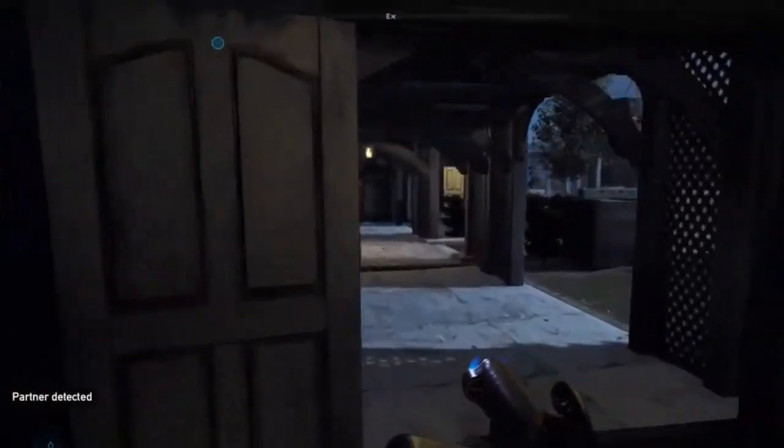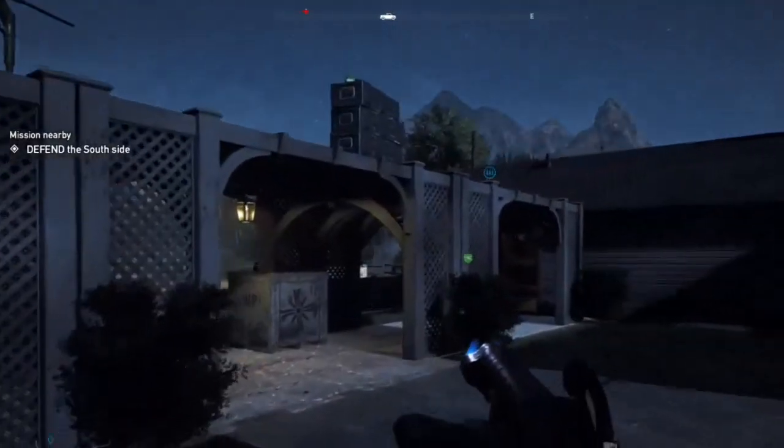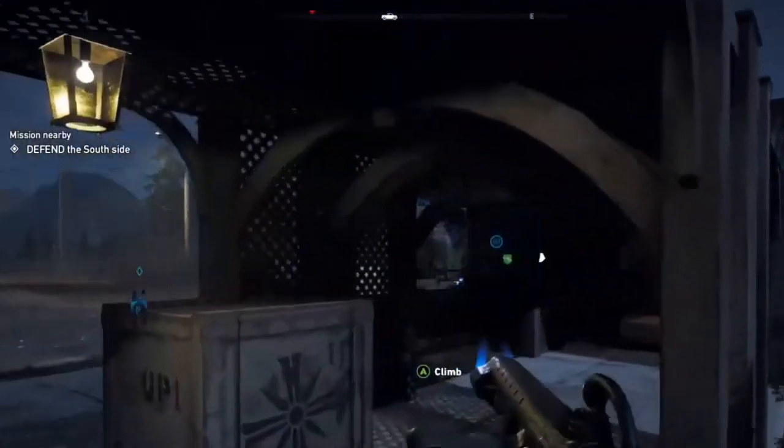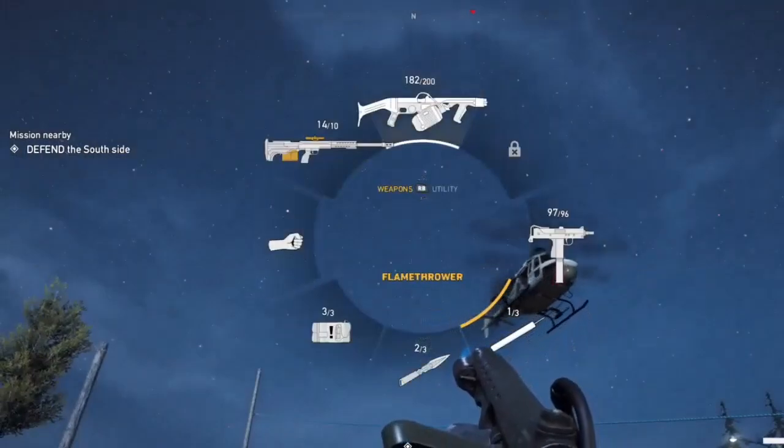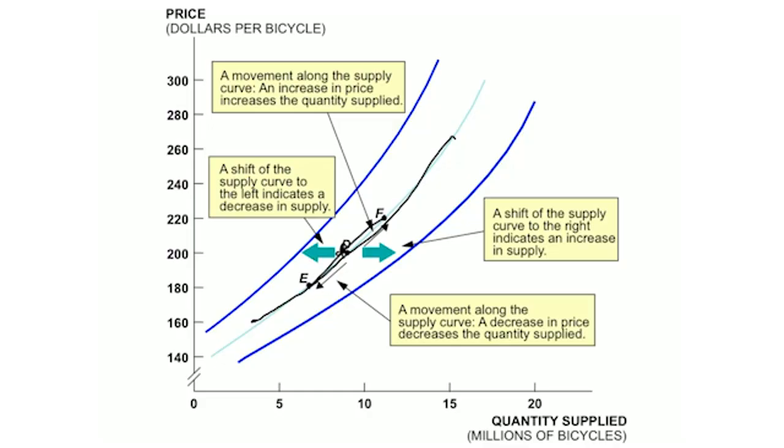It costs less to produce a particular bike. Well, then they're going to have more incentive to produce bikes, even if the price of bicycles in the market doesn't change, because their costs have gone down. So in that case, you'll get a movement in the supply curve, just in this direction. So that's an increase in supply, a shift in supply. It's not a movement along, it's a movement to a new curve.